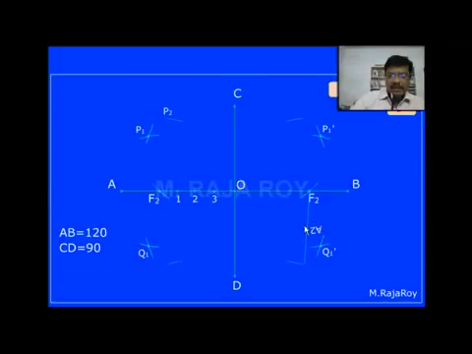After taking A2, now you have to take B2 as radius. Take B2 as radius, F2 as center, and draw one arc. This arc intersects the previous arc and you will get point P2. Then draw an arc on the bottom side. This arc intersects the previous arc and you will get Q2.